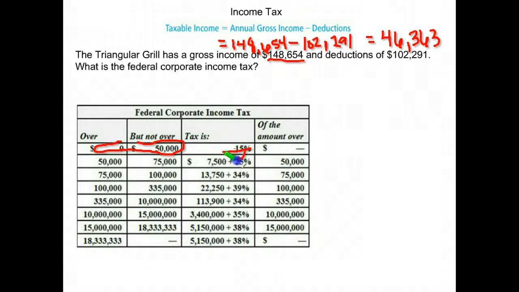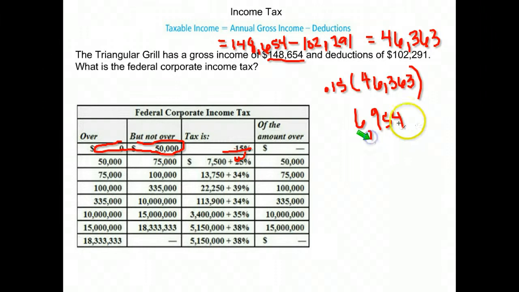Move the decimal 2 places to the left so that we have 0.15, and then just multiply it by 46,363, and we'll have our answer. Okay, so it looks like the answer would be $6,954.45 would be their tax.